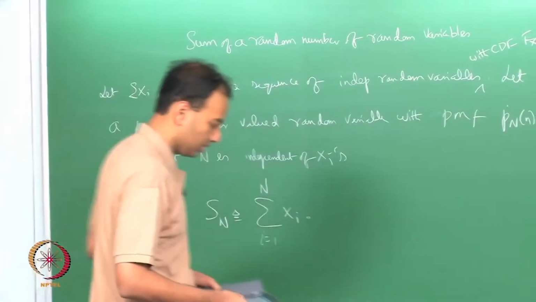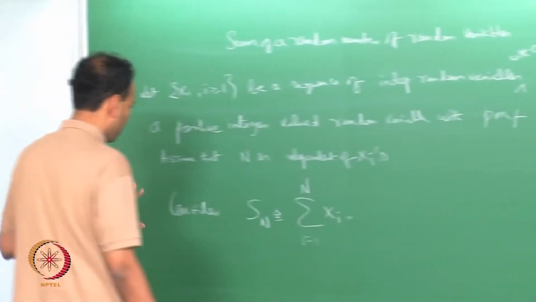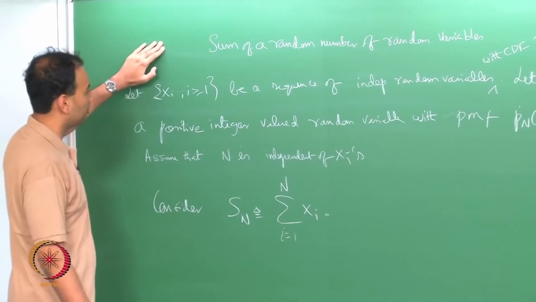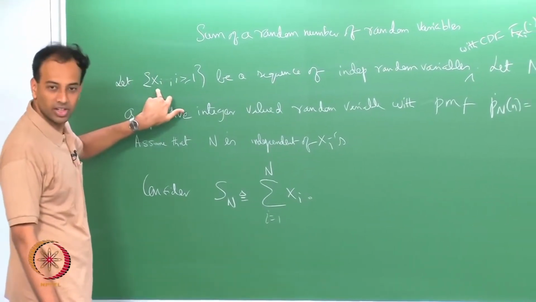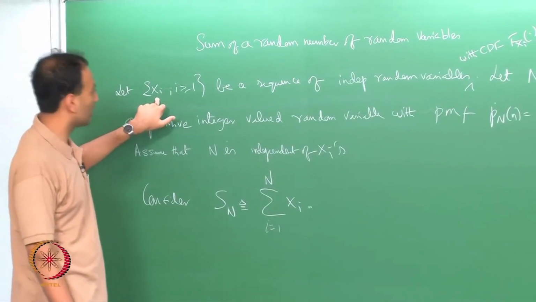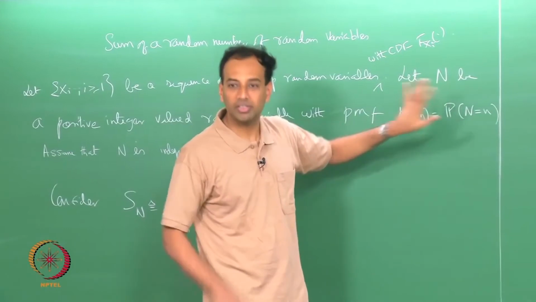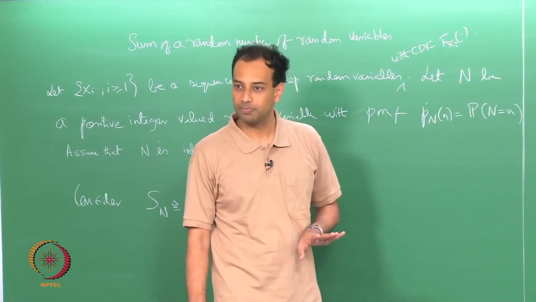Okay. So, let me try to explain what this actually means in terms of the sample space. You have a sample space (Omega, F, P) and you have these random variables Xi's defined on the same sample space. Now, this N is also a positive integer valued random variable defined on the same sample space. Okay, they all live on the same (Omega, F, P).